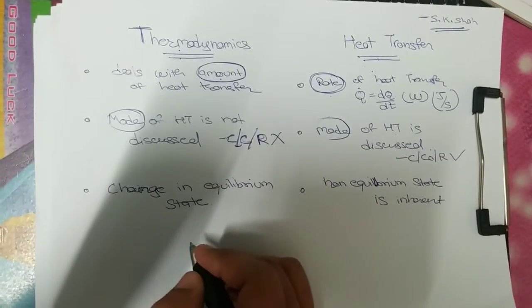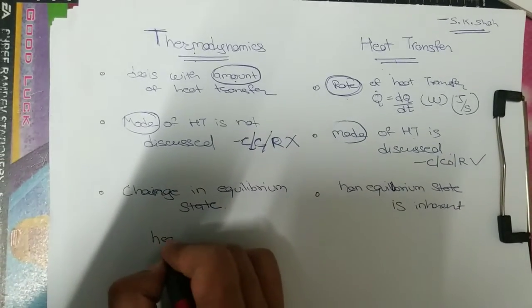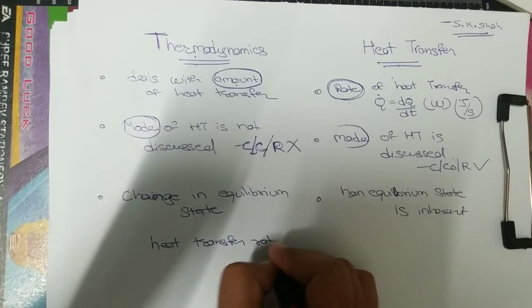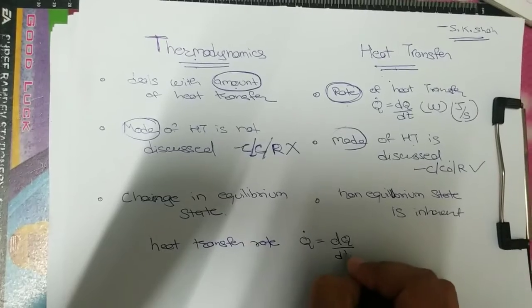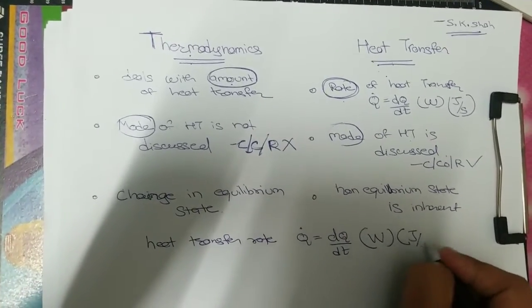Along with this, we will also discuss two important terms. The first is the heat transfer rate, that is q dot, which is equal to dq by dt, and the unit is watt, or we can say joule per second.